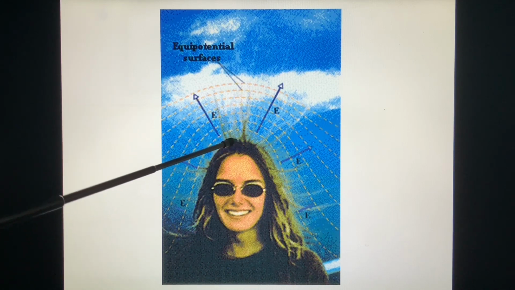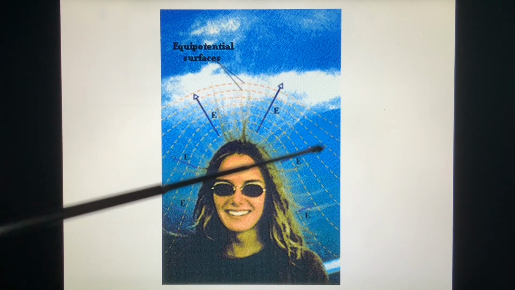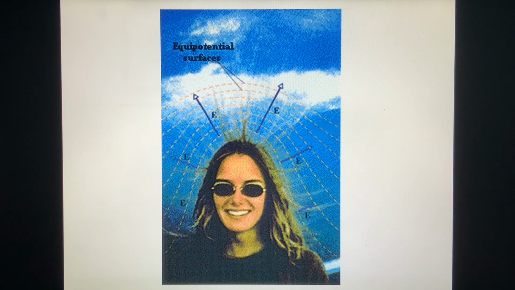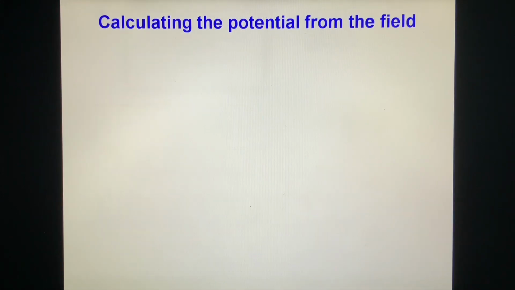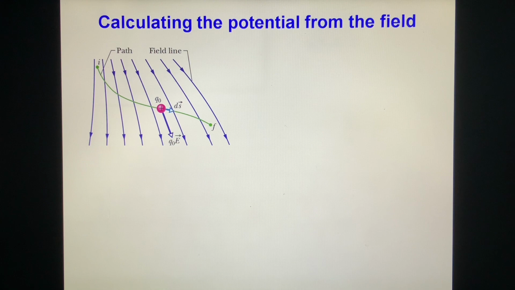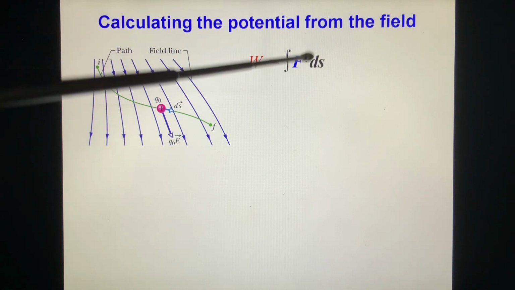Now we know the relation between electric field E and electric potential V: calculating the potential from the field. Now, this is the electric field. We have an initial point here, and the particle moves to F by some force. Now W equals the integral of F dot ds.